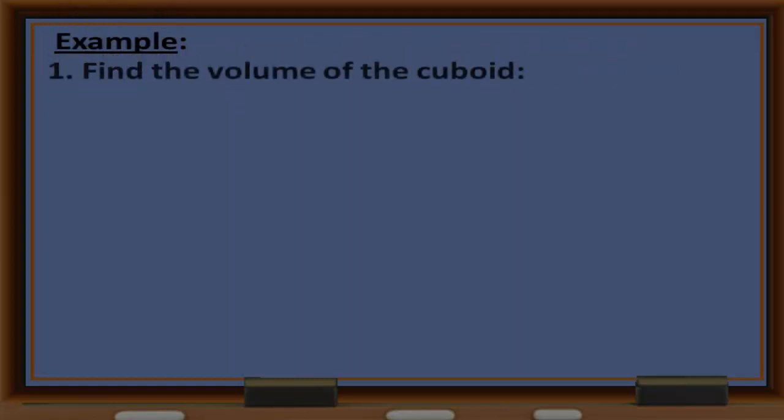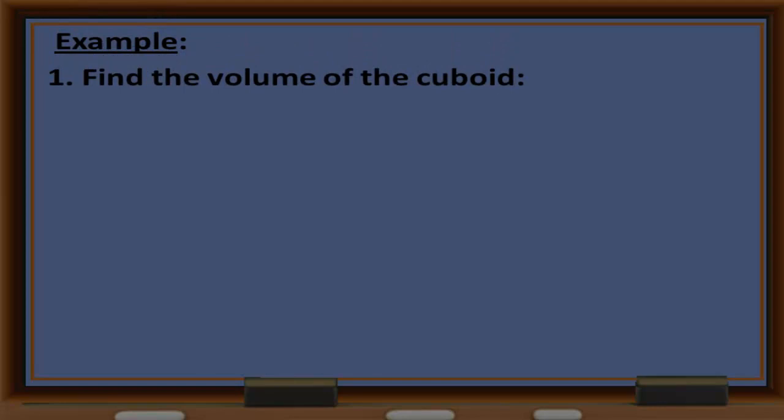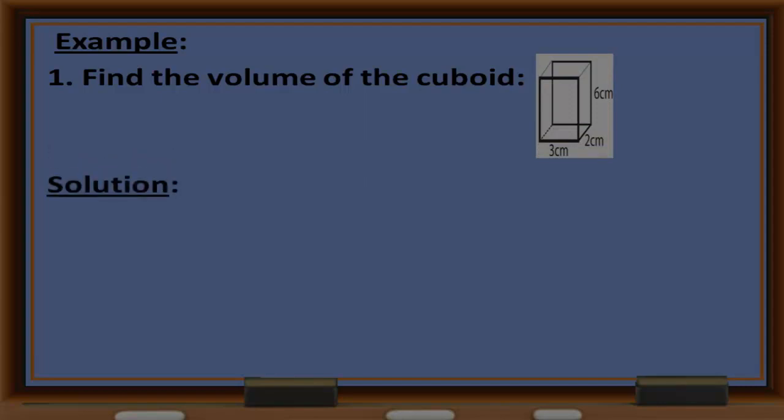Example number 1. Find the volume of the cuboid. Solution. Volume formula is length times width times height. The length here is 3, width is 2, and height is 6 centimeters.